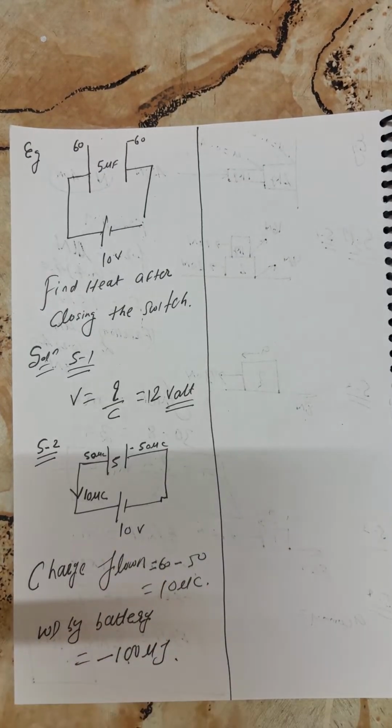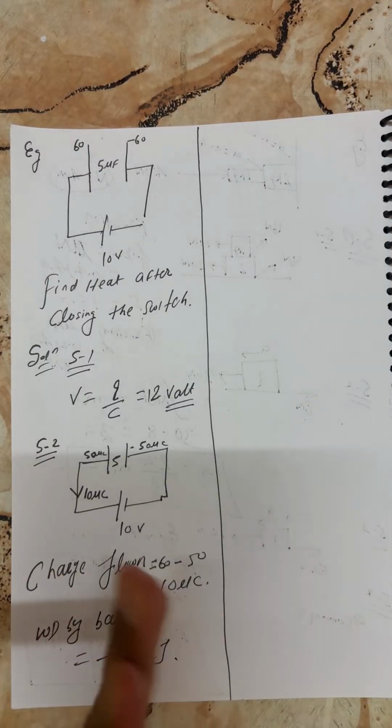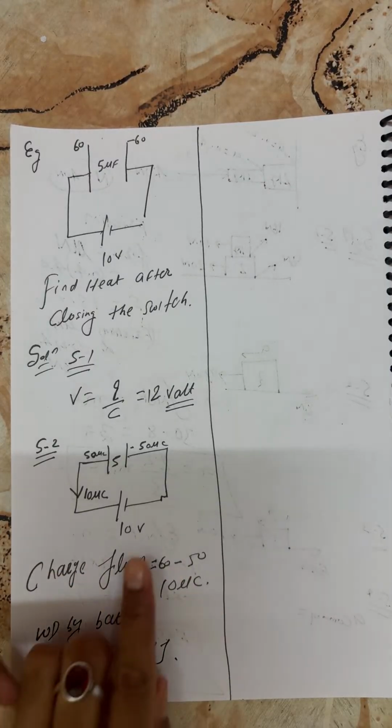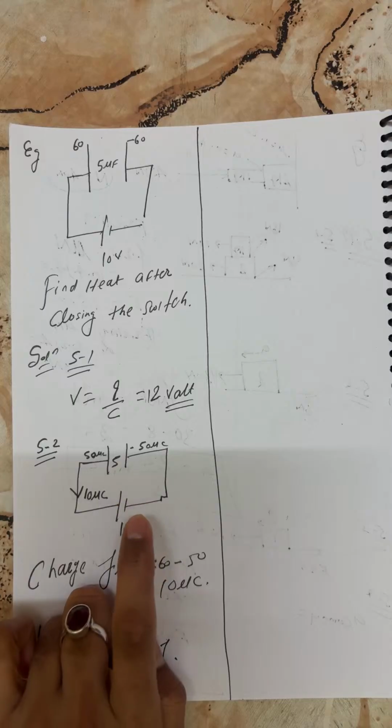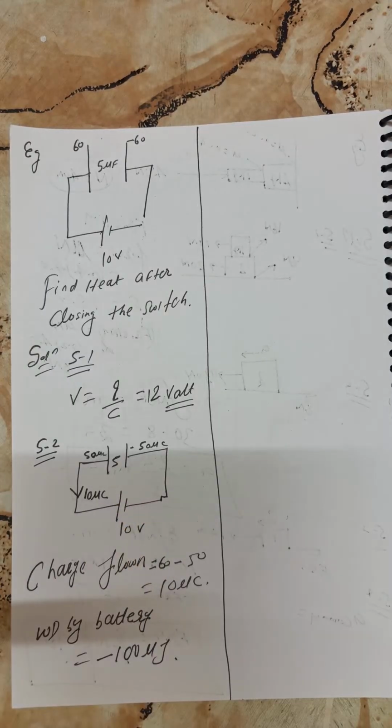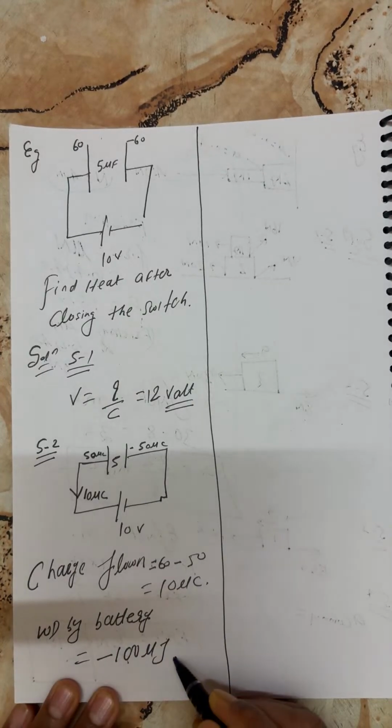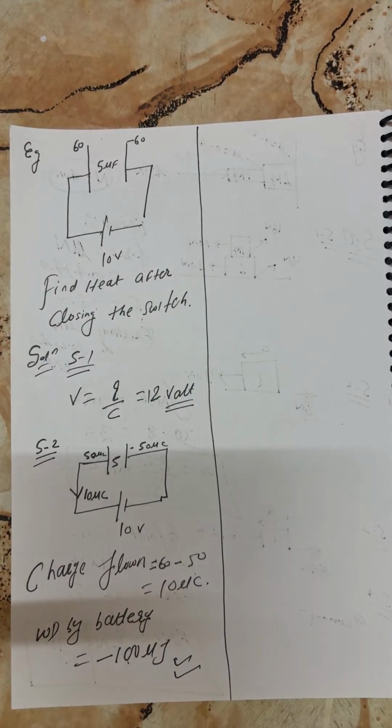If charge is flowing positive to negative, before answering you can put a negative sign. But if your charge is flowing negative to positive, then for that condition, positive only. So work done by battery is minus 100 microjoule.